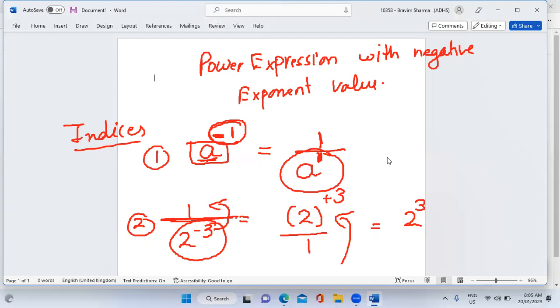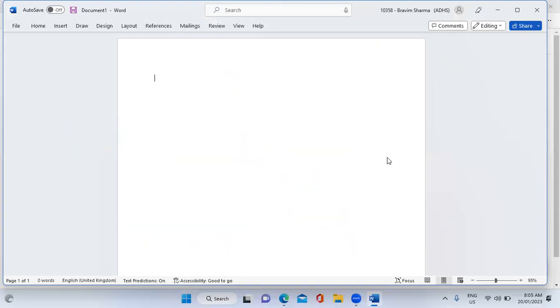This rule is applicable for negative fractional exponent values also. For example, let's say we have a to the power of -2/3. This also we can make a positive exponent by bringing it to the denominator: a raised to the power of 2/3. Do not make any changes to 2, 3. Don't make it 3/2 or something like that.